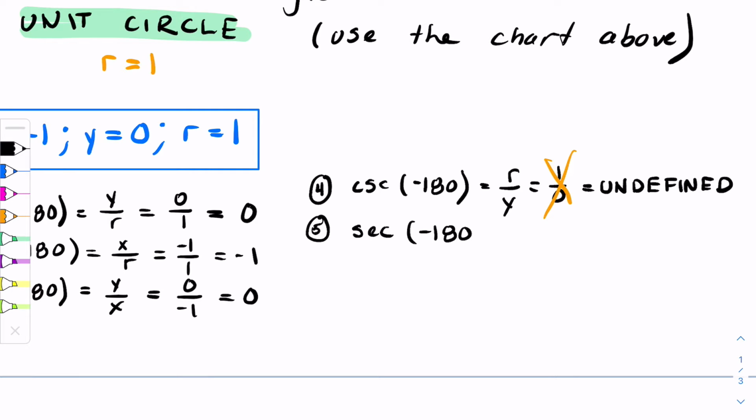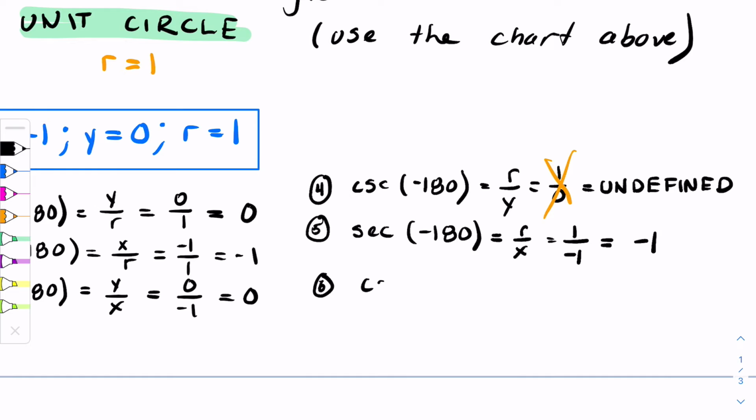Secant of negative 180 is x over r. Oh, I said that backwards. Secant of negative 180 is r over x, which is 1 over negative 1, which is negative 1.